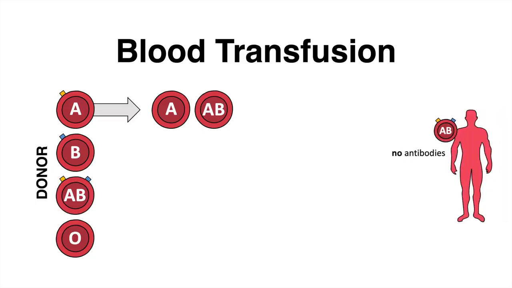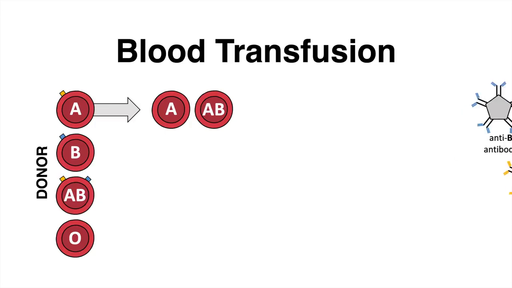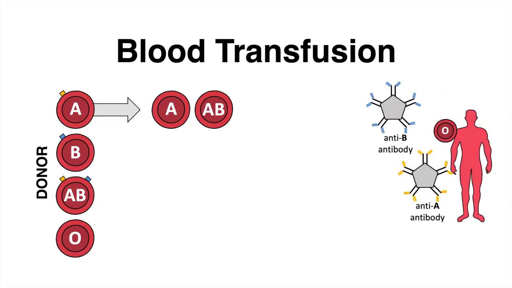Why? These recipients do not have any antibodies against A antigens, because they themselves express it. The reason why A cannot donate red blood cells to patient O is easy. The recipient has antibodies against both A and B antigens. The A antibodies would cause blood clotting again.